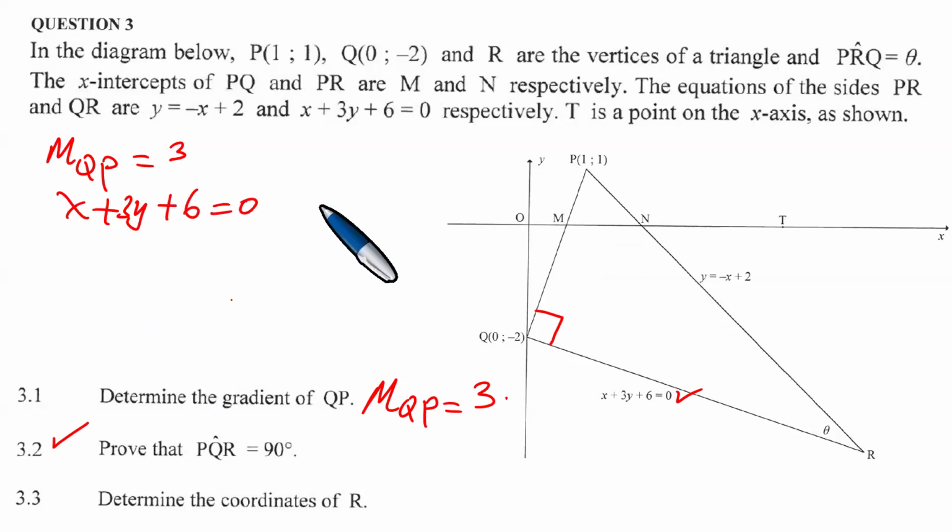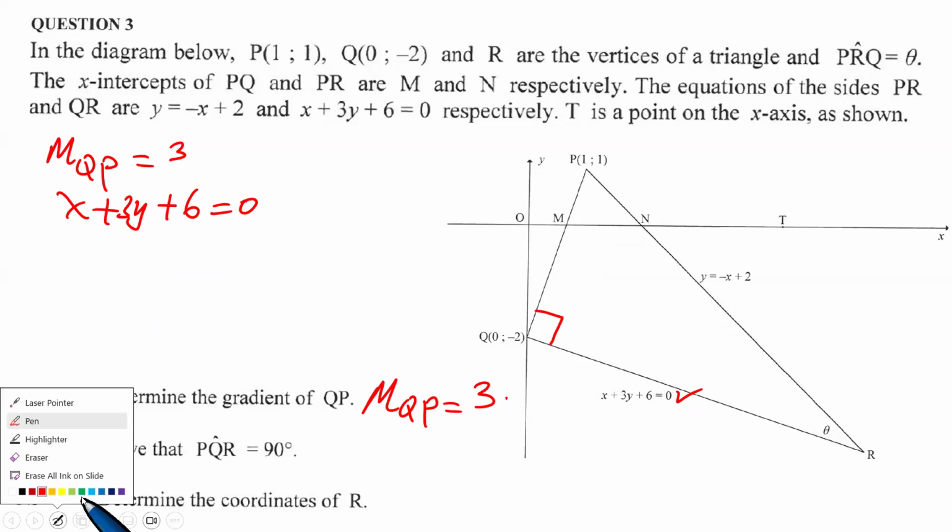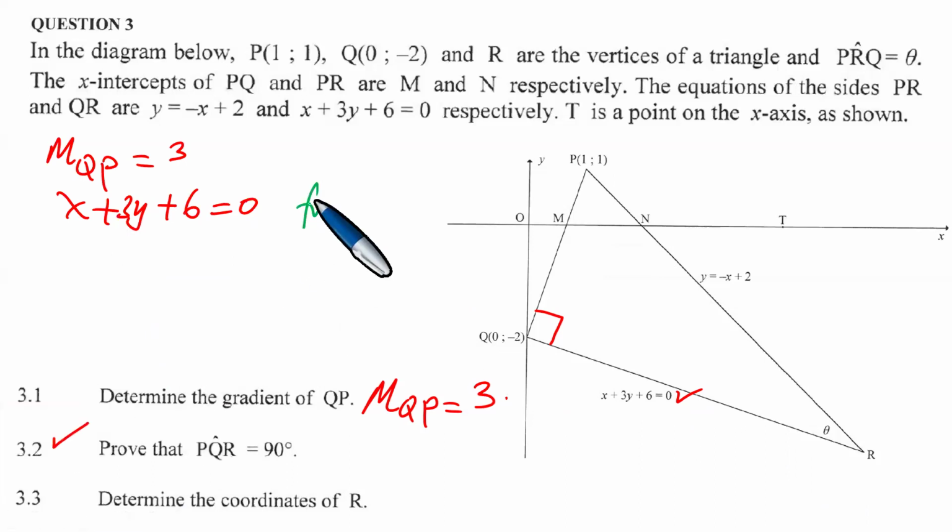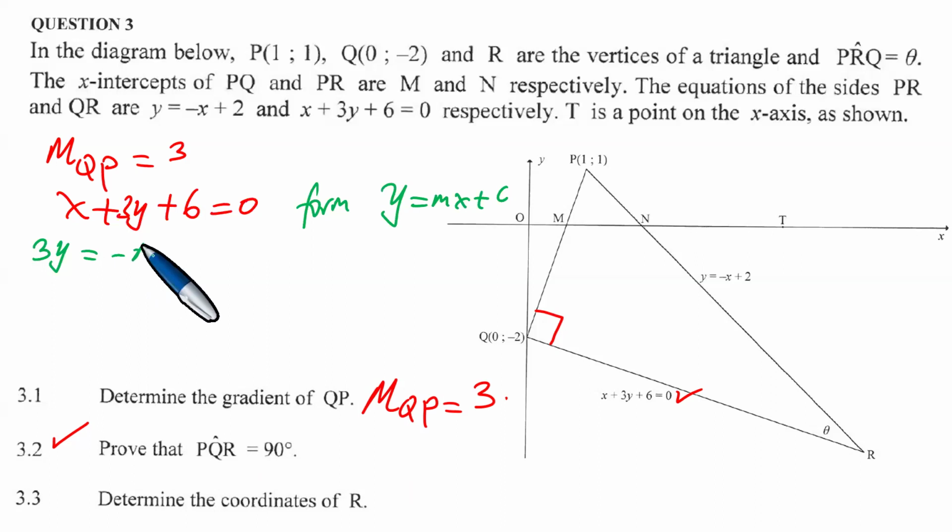We need to write this equation in the required form, y equals mx plus c. Now making y the subject, we have 3y is minus x plus 6. y equals minus 1 over 3 x, and you divide 6 by 3, obtaining a 2.